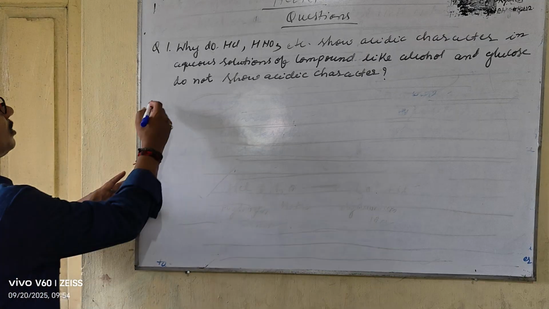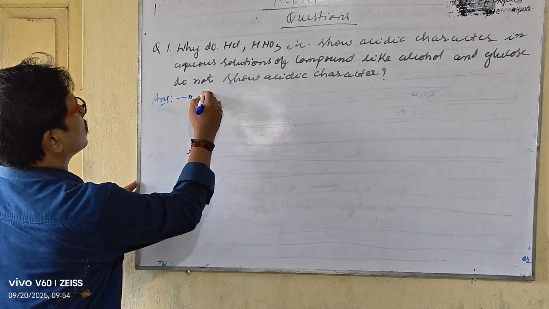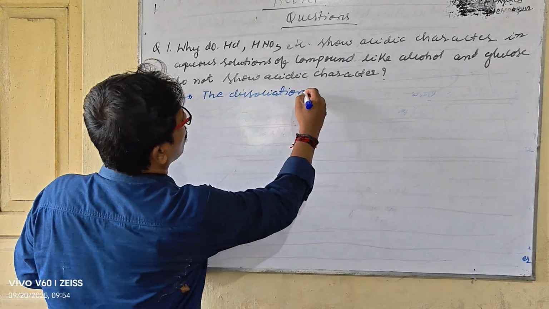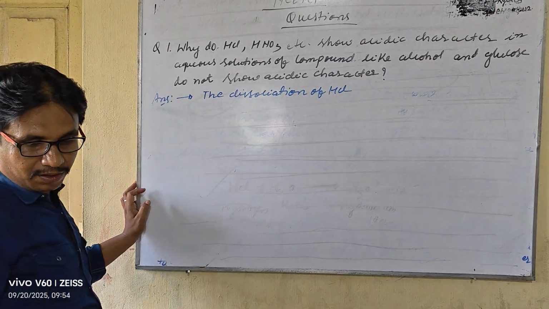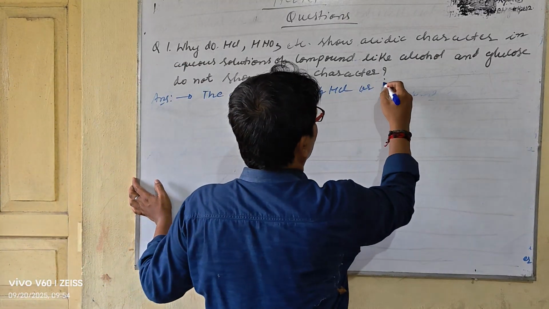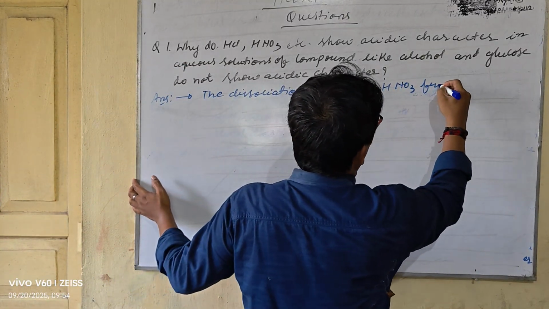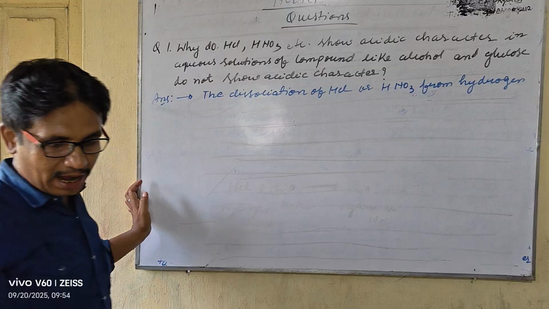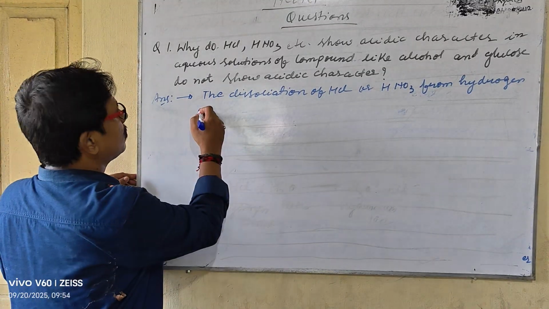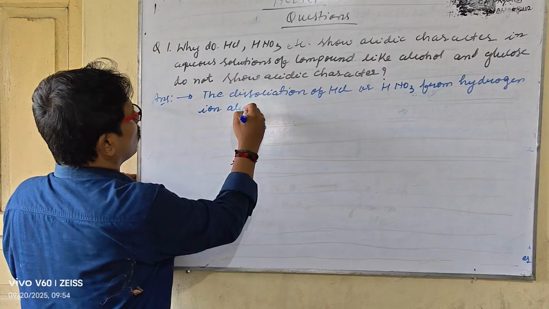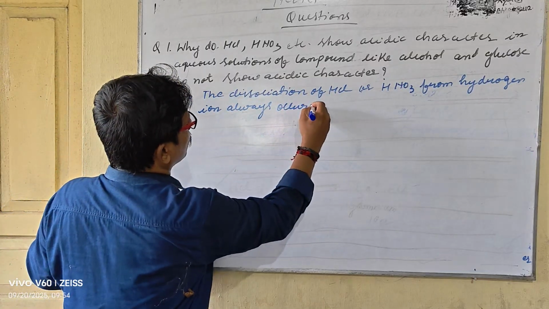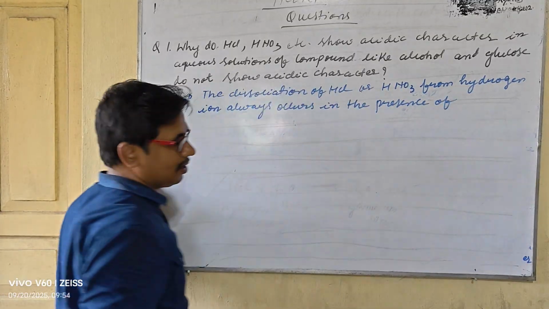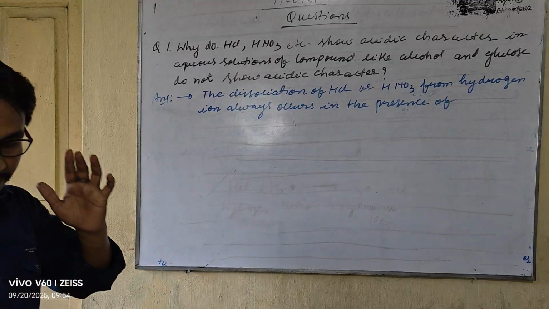The dissociation of HCl or HNO3 to form hydrogen ions always occurs in the presence of water.